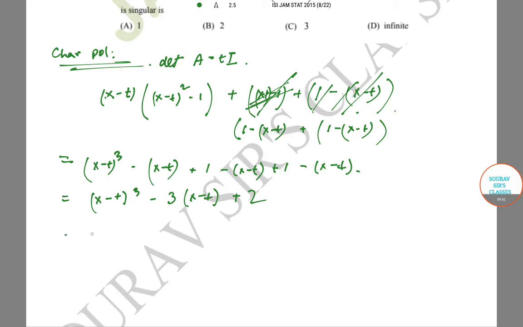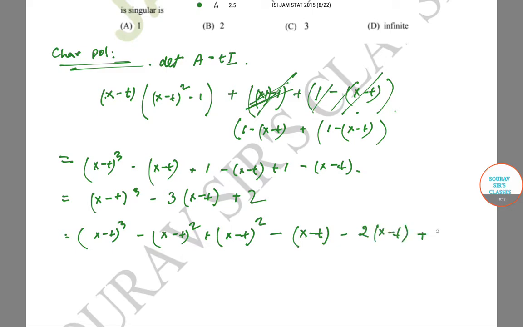So we have (x minus t) cube minus (x minus t) square plus (x minus t) square minus (x minus t) minus 2(x minus t) plus 2, which is equal to ((x minus t) square plus (x minus t) minus 2) times ((x minus t) minus 1).